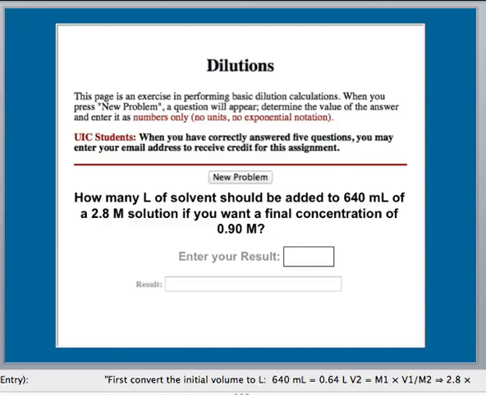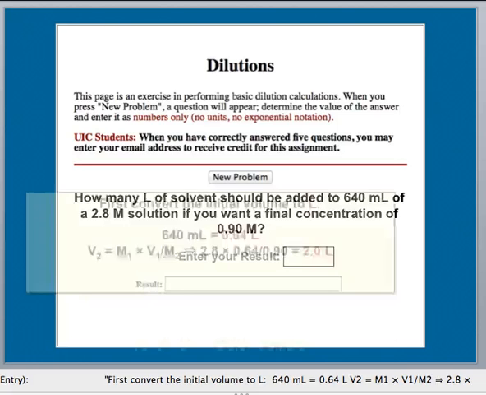We calculate our total volume. But this problem is slightly different because we're starting with 640. That means we're going to have to add so many milliliters to it in order to make this final volume.